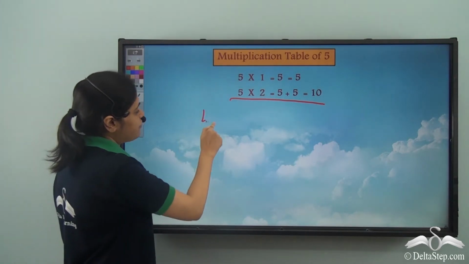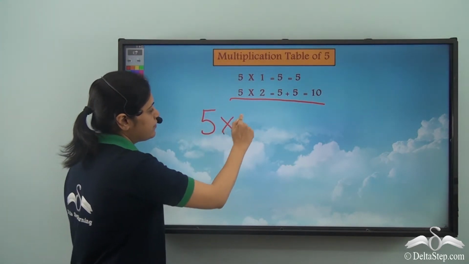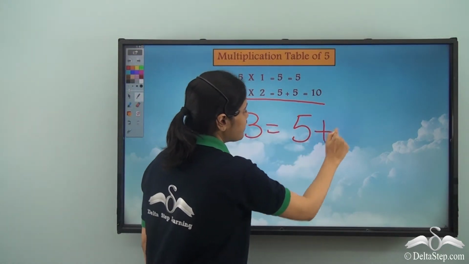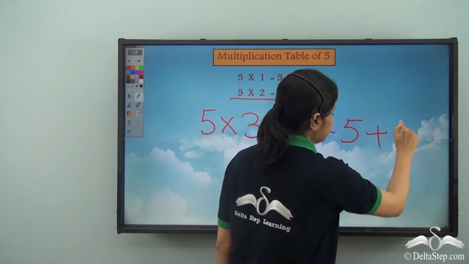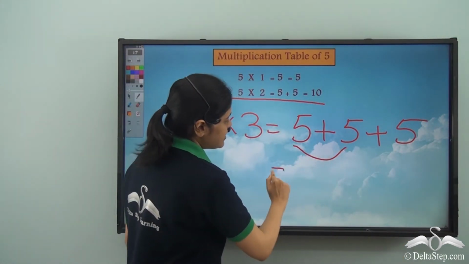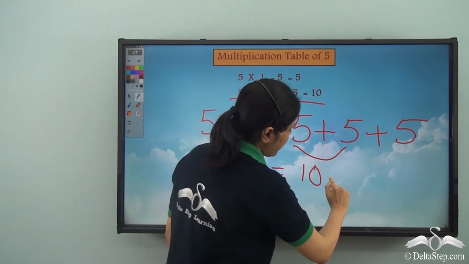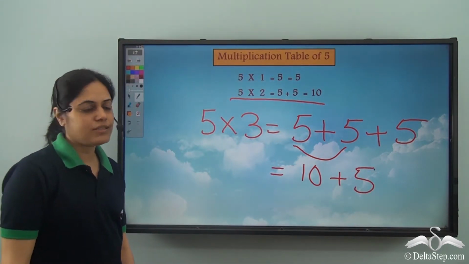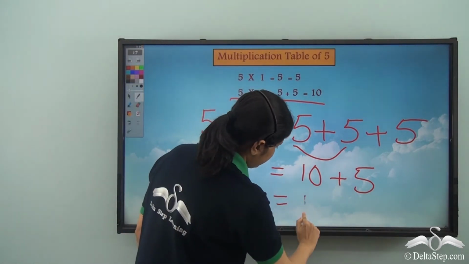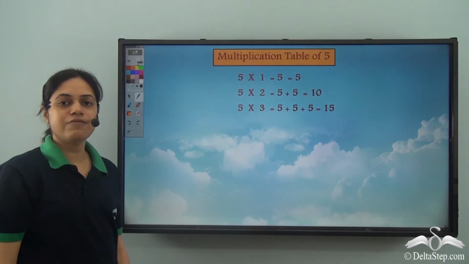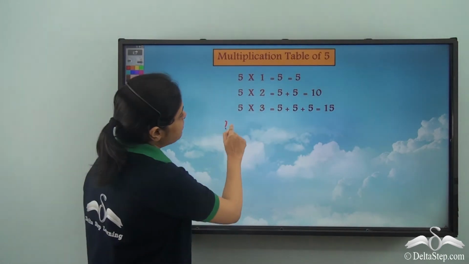What is 5 into 3? It is 5 added 3 times. Now 5 plus 5 is 10 and we have plus 5. 10 plus 5 is 15. So 5 into 3 is 15. What is 5 into 4?